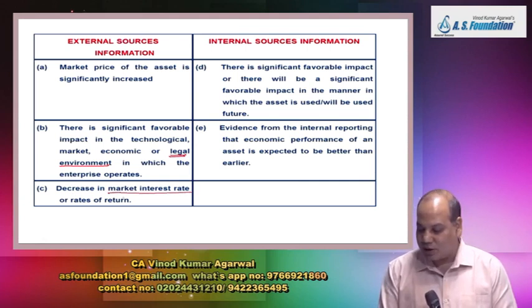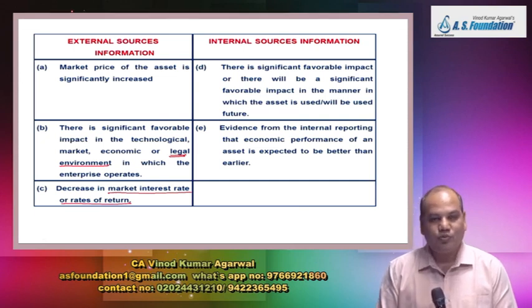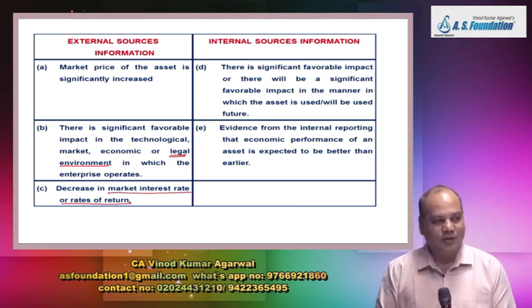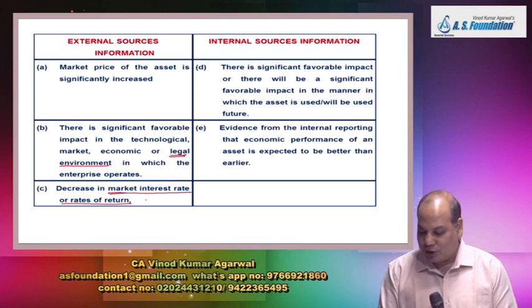Then market interest rate has decreased. So you open the newspaper in the morning, RBI has announced a decrease in interest rate by 0.5%. Lower the discount rate, higher the present value. Lower the discount rate, how does it affect you? Your value in use will go up.